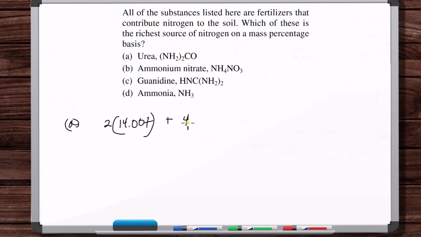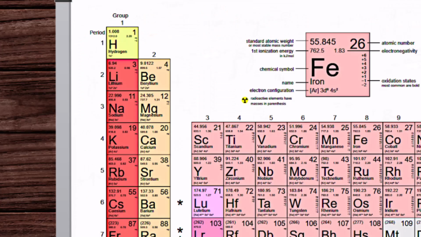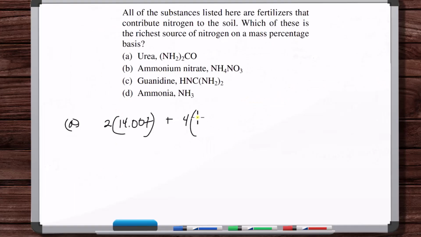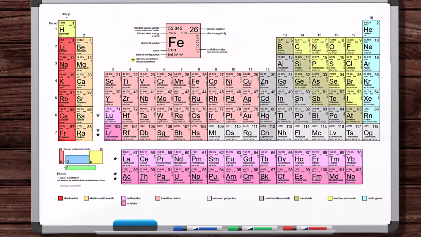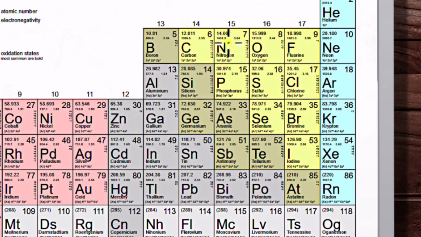We've got 4 hydrogen atoms, 1.008. We've got a carbon atom and an oxygen atom, 12.011, 15.999.